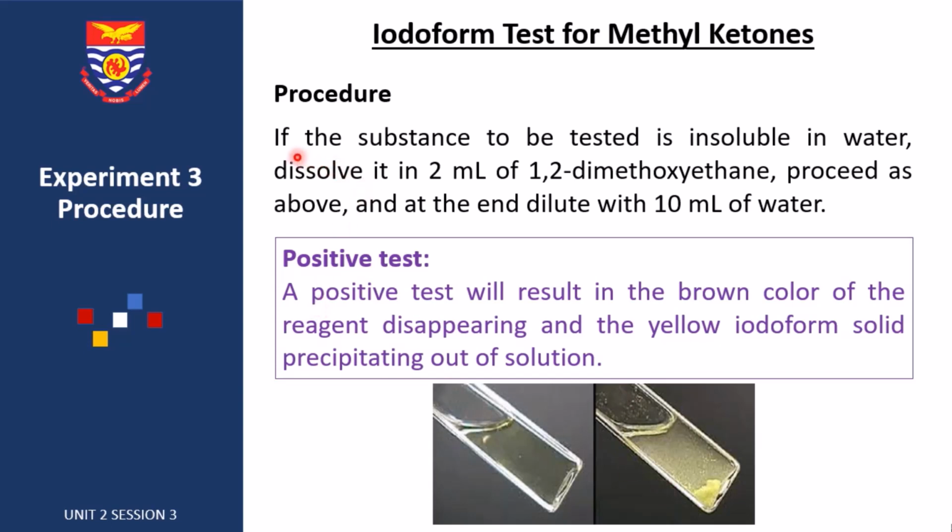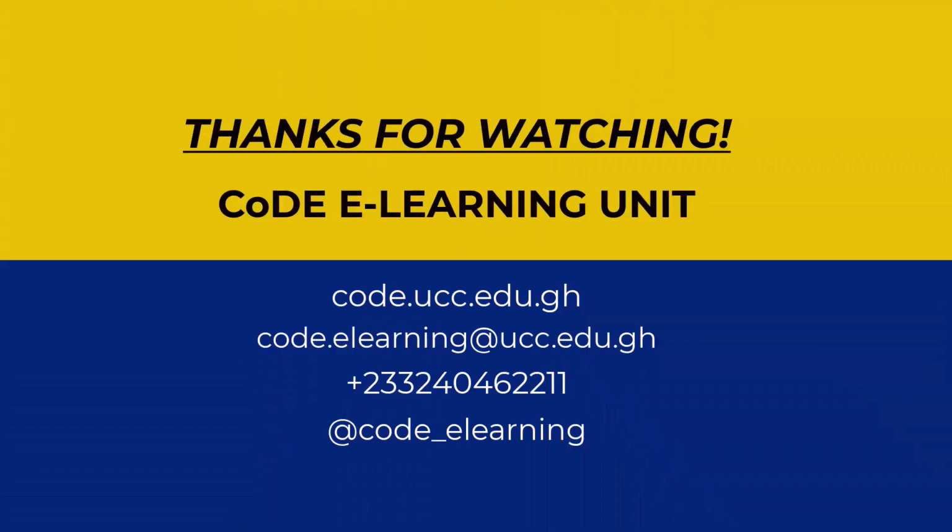If the unknown is insoluble in water, then you dissolve it in 2 ml of 1,2-dimethoxyethane, and then the process described previously is used. Whichever approach is used, the positive test is always the same: the brown color of the reagent disappearing and the yellow iodoform solid precipitating out of solution. That is basically the positive test result to look out for.